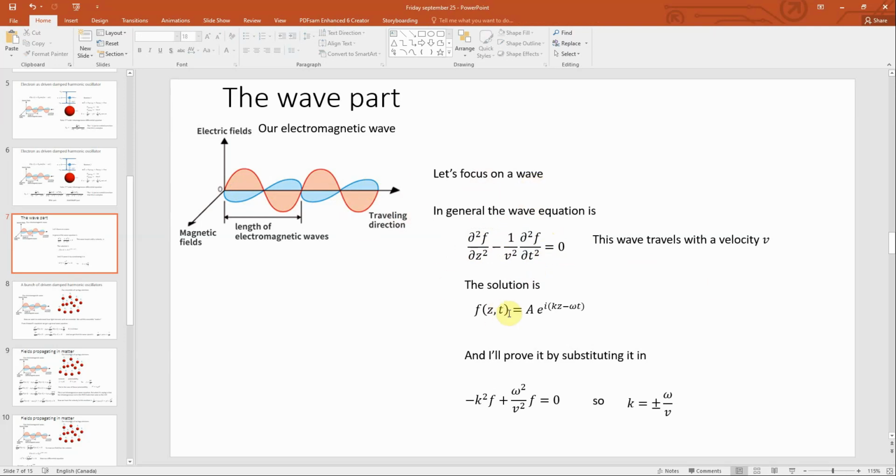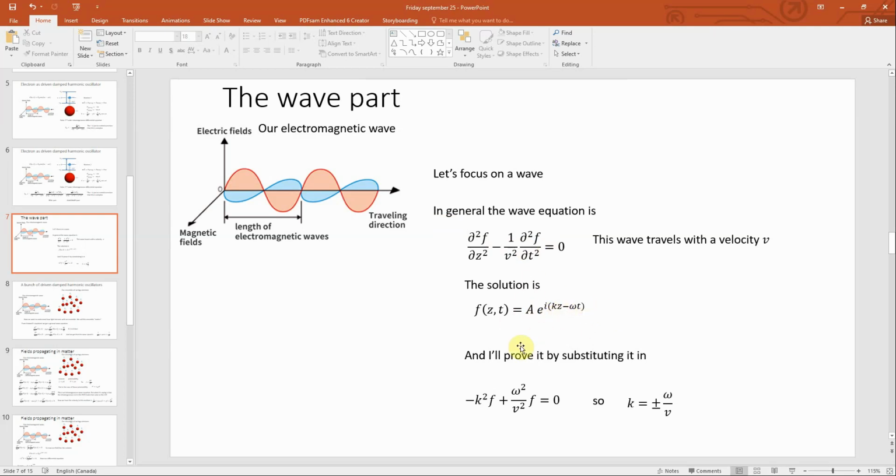This has a solution of A, some amplitude which is not determined by this wave equation, times e to the i(kz minus omega t). For those of you who know complex numbers, you'll recognize that you can also have e to the minus i(kz minus omega t), but of course that's just the complex conjugate.